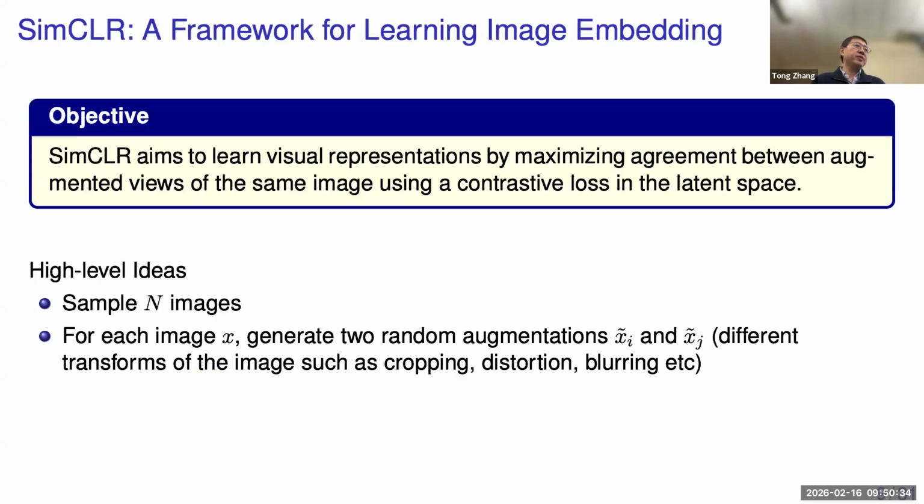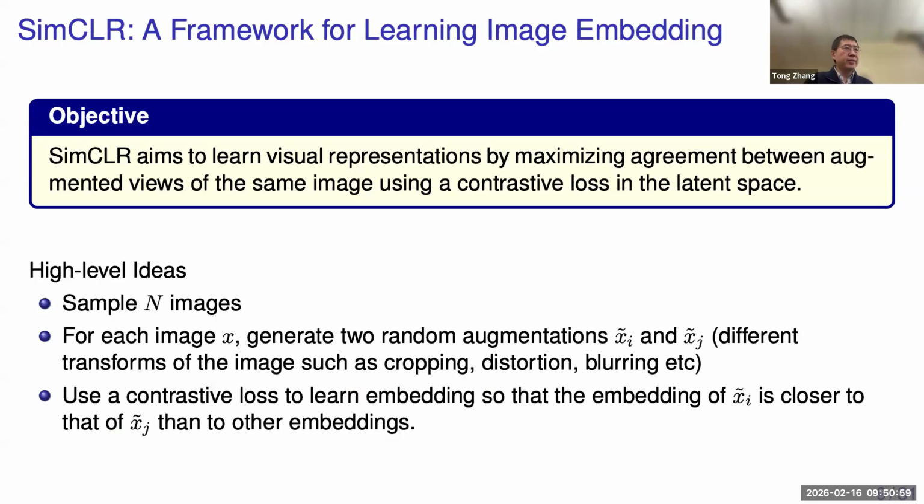Basically, different transformations like cropping, shifts, rotation, a small rotation, not a big rotation, distortion, blurring, or color change. These kinds of things shouldn't change the meaning of the image.